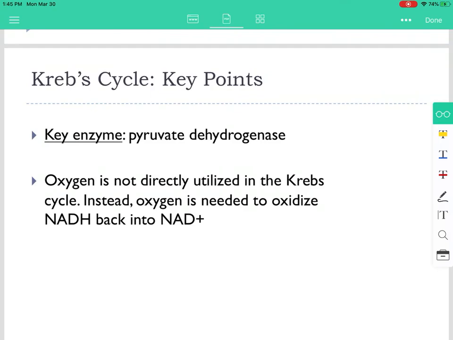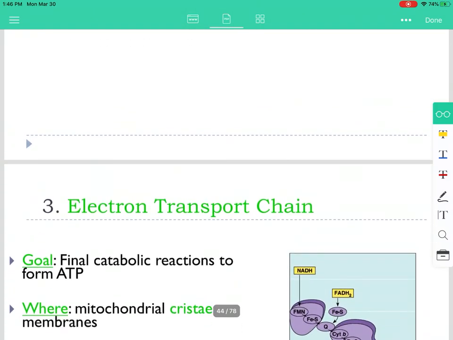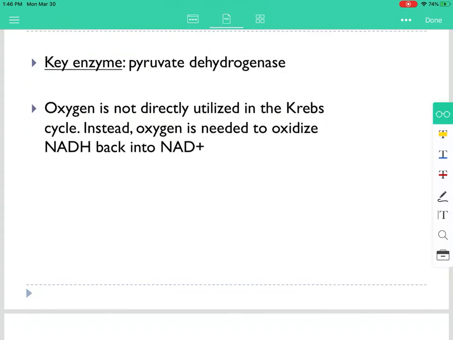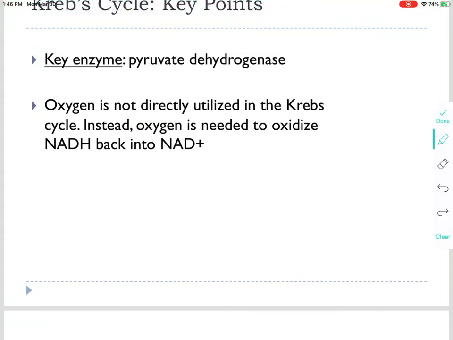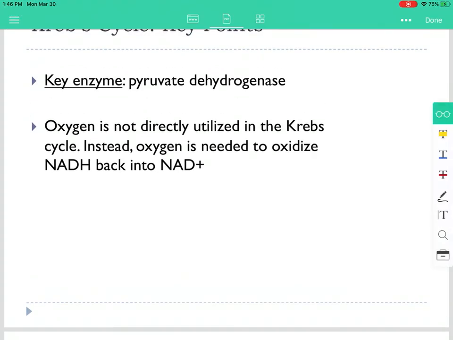Oxygen is used indirectly to oxidize NADH back into NAD+, which is one of the parts of the Krebs cycle. So it's more of an indirect use, but for us, it's not a point you need to worry about.